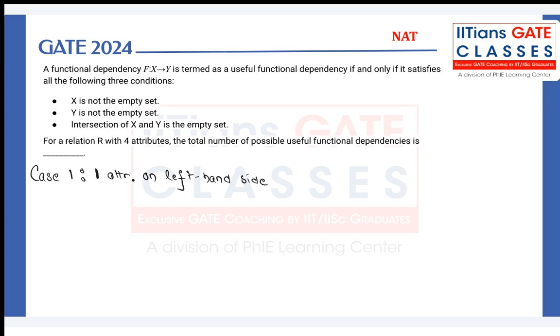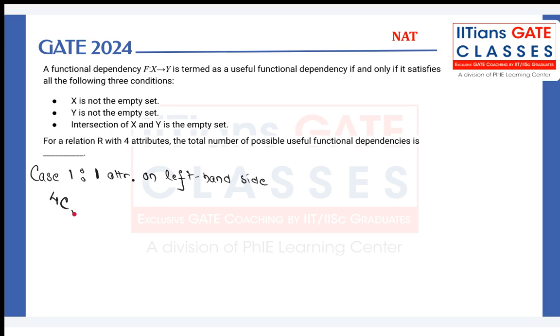Understood what I'm saying? So how many possible ways do you have to choose one attribute? 4C1, right? 4C1 ways you can select an attribute on the left hand side.